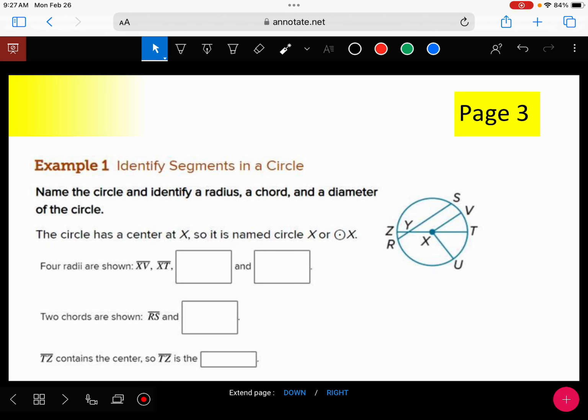So now for example 1, we need to name the circle and identify a radius, a chord, and a diameter of the circle.